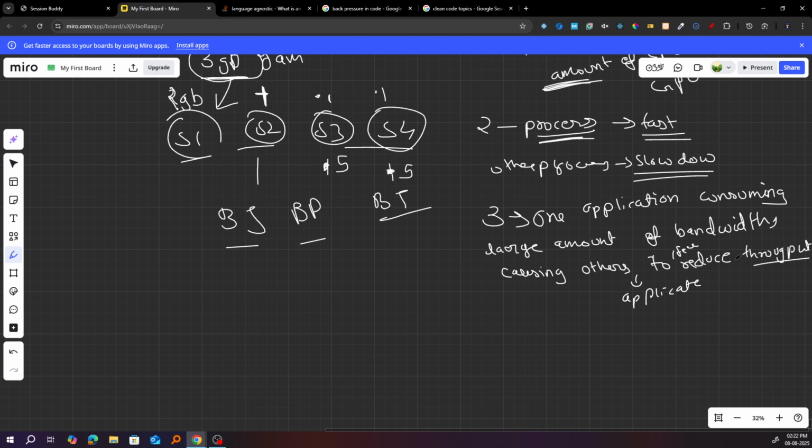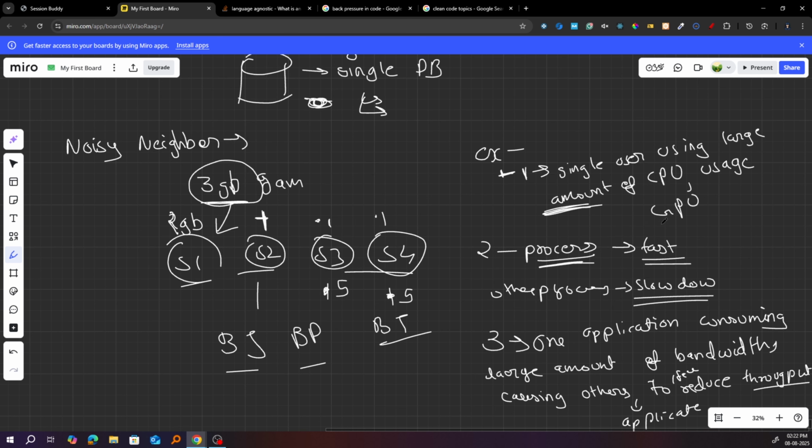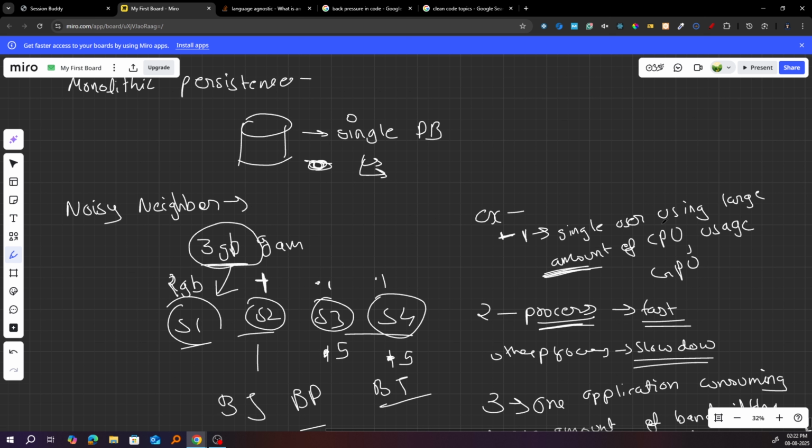What is a noisy neighbor? We have already learned about it. Let me rephrase this. A noisy neighbor refers to what? If a single process is taking too many resources, then it leaves insufficient resources for other applications, processes, or users, significantly reducing their usage, or they aren't able to run their process as it should run, then it is known as a noisy neighbor.